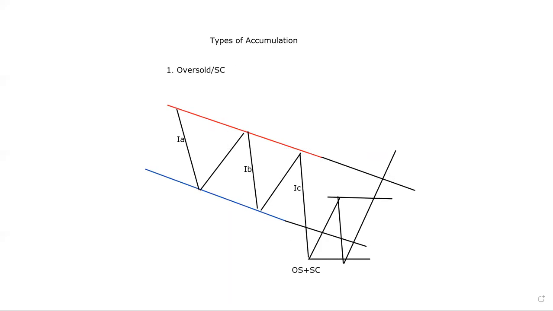So the rules of this oversold: number one, impulse wave C would be greater than impulse wave A, and impulse wave C would also be greater than impulse wave B. It's very simple. When impulse wave C is greater than impulse wave B and A, we call it sudden acceleration to the downside.